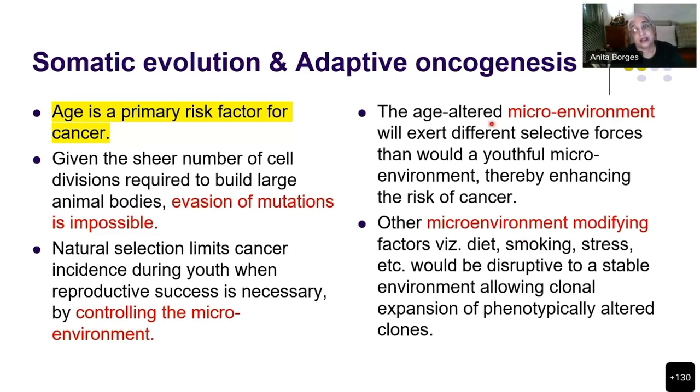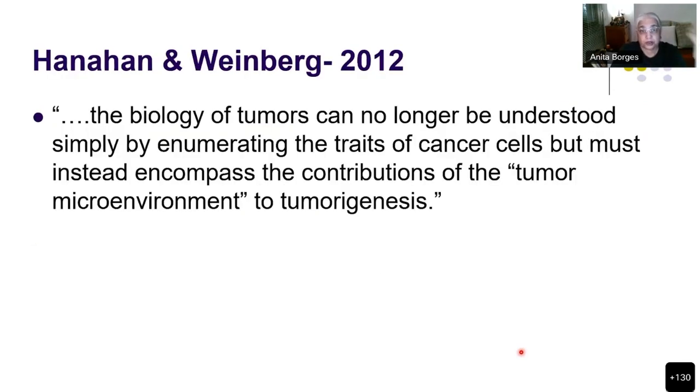And the age-altered microenvironment exerts different selective processes. I told you that a youthful microenvironment would have a stable state. And we add to it by our inappropriate diet, smoking, stress, etc. And then the stable microenvironment is destroyed, and you can get clonal expansion of phenotypically altered clones.